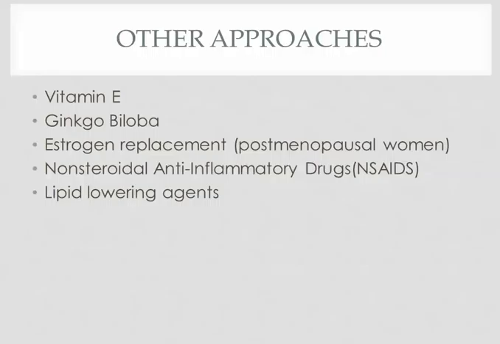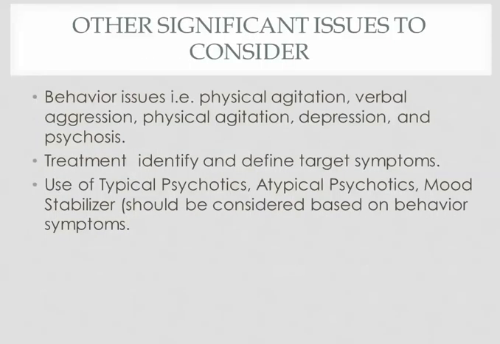Other significant issues to consider. Behavior issues such as physical agitation, verbal aggression, depression, and psychosis we need to take into consideration when we have clients with dementia or AD. The approach is to define some target symptoms, which will dictate the treatment protocol. So, for example, an atypical antipsychotic agent will be considered as a starting point for a client who's presenting agitation, aggressive, or psychotic symptoms.